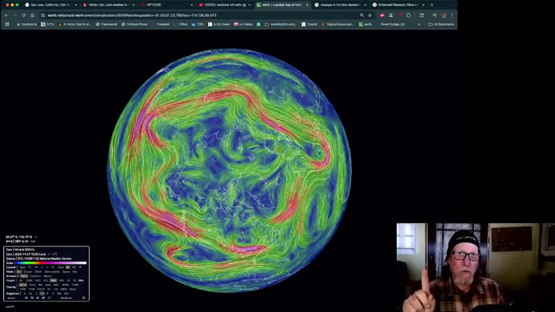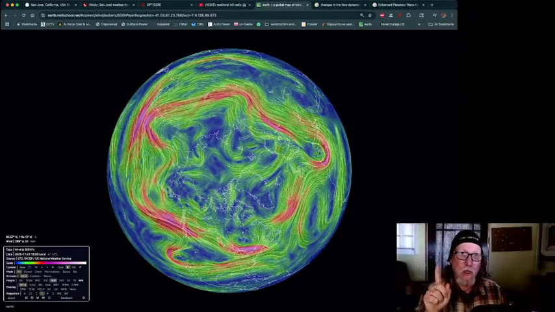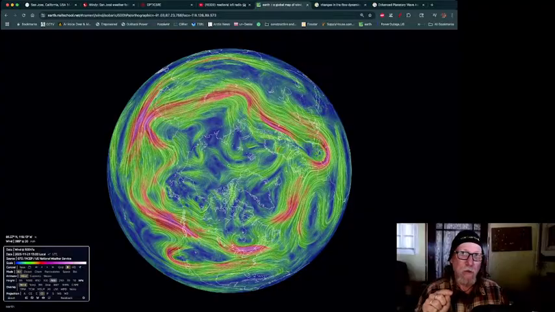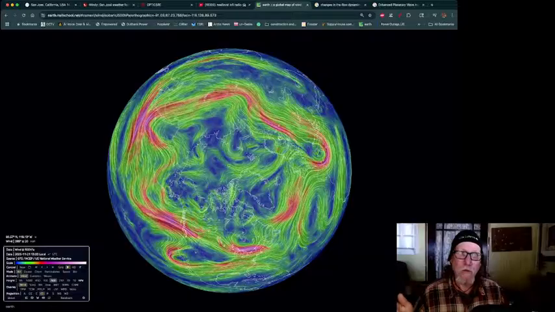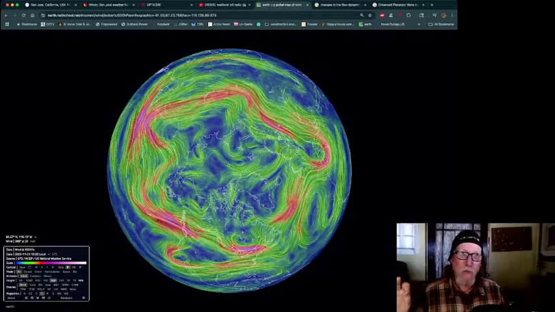That is inevitable. We know that's going to happen because at some point there will be no impediment of any kind between the movement of warm air from the equator to the North Pole. No impediment. There will be nothing to stop that.